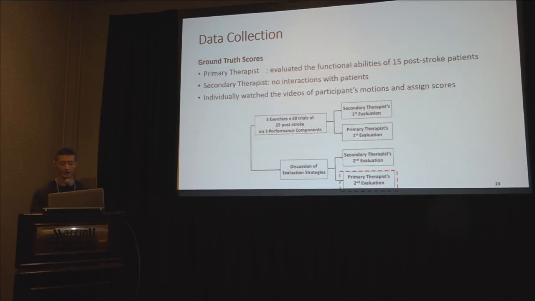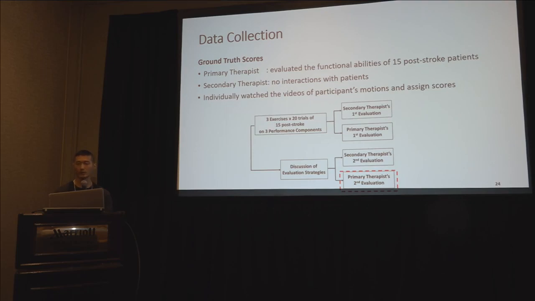For generation of the ground truth, we recruited two therapists, primary and secondary. The primary refers to the one who supported the recruitment of the patients and evaluated their functional ability, and the secondary therapist had no prior interaction with the patients. They performed two evaluations. First, each individually watched the recorded videos and assigned scores based on the scoring guideline.